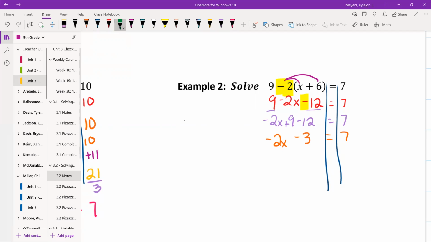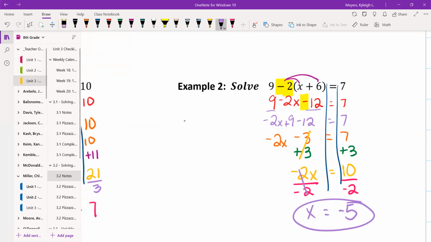Now we're going to undo addition or subtraction. So we're going to add 3 to both sides. Bring our negative 2x down. 7 plus 3 is 10. Divide not just by 2, but negative 2. And we get x equals negative 5.